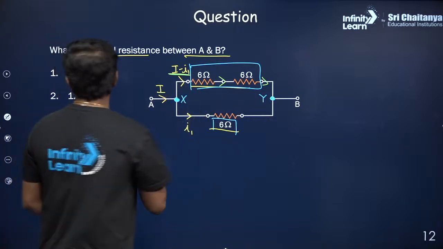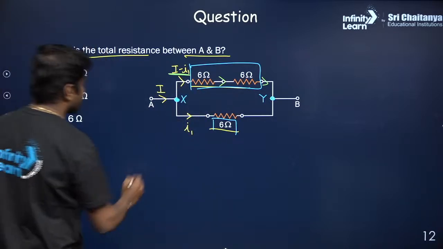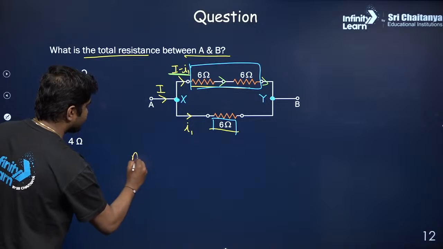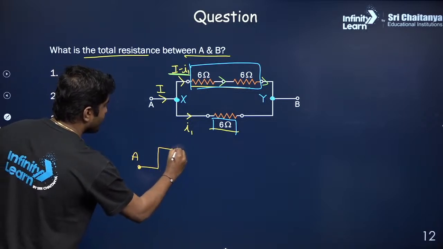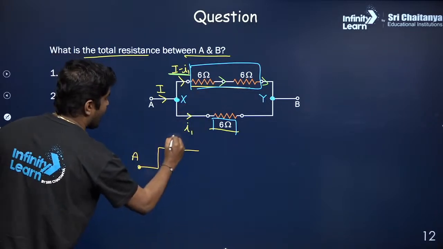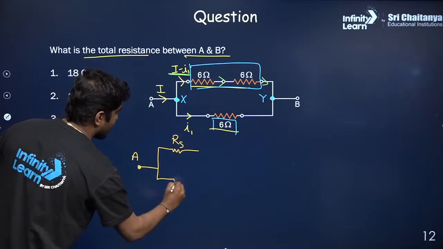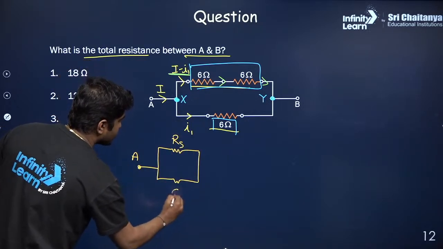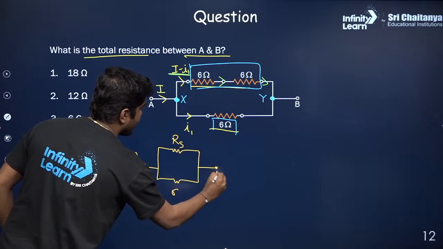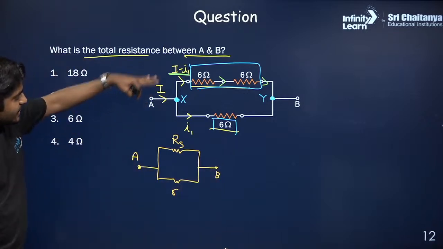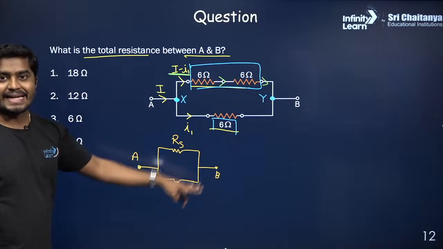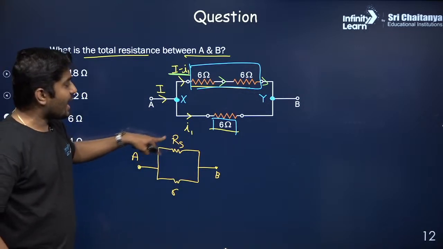I'll redraw this diagram. Let's redraw this point A. Instead of these two, I'll write R series, and then we have 6 ohms, this point B. There is an equivalent circuit diagram. We need to calculate RS.